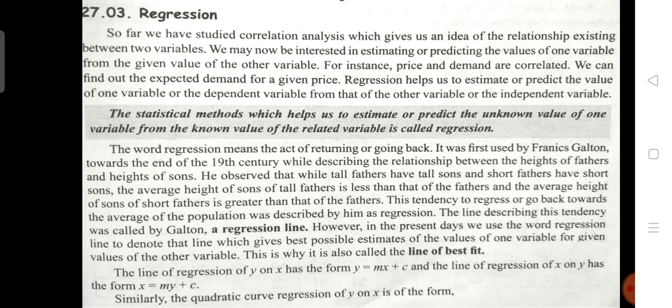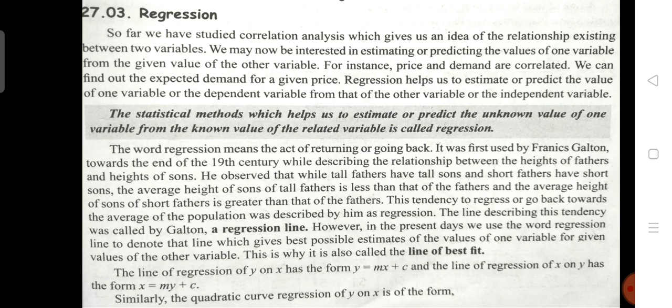That is regression, and the line describing this tendency is the regression line. Also, the line which gives the best possible estimates of the values of one variable for a given value of the other variable is the line of best fit. These are new terms you have to know.